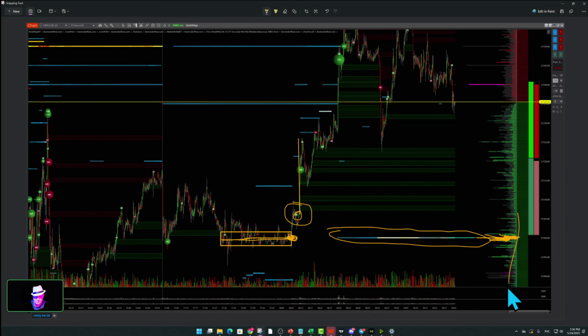Let's say last night there was a lot of volume sitting there for a long time, but it was very small, teeny orders, like 3, 4, 5, maybe 10 maximum. And there's a bunch of them.